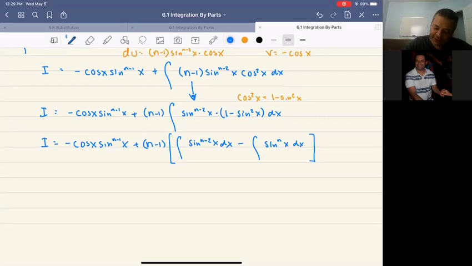What I'm doing here is taking something to the power n minus 2 times to the power 2, so n minus 2 and 2 add to give us back n.